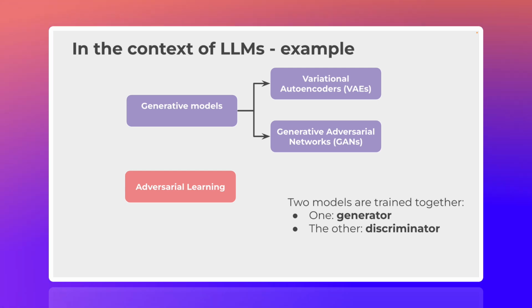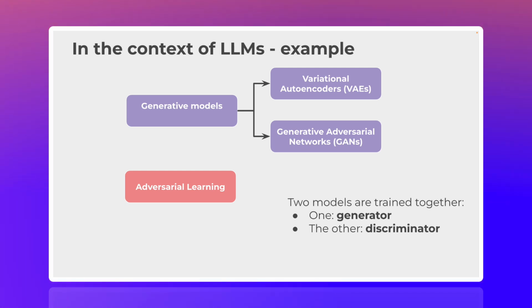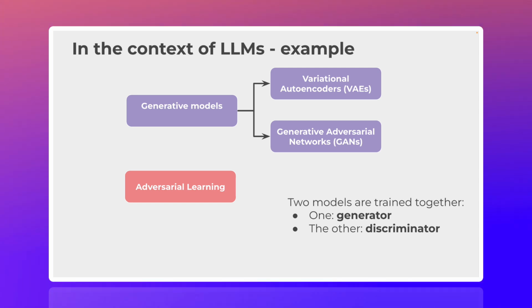This is the training technique used in models like GANs, because there's always this clashing or competitiveness happening between these two models. One tries to create fake data, that is the generator, and the other tries to detect the fake data, which is the discriminator.